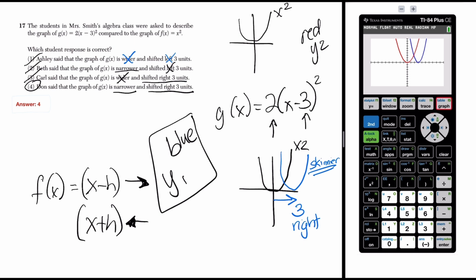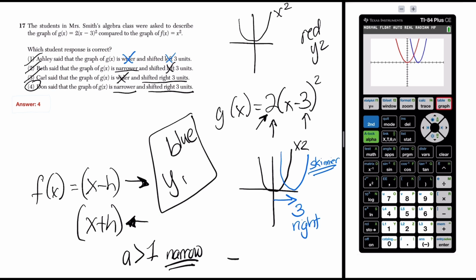And then the second one is the a. If there's a number in front, like this 2 over here, as long as it's positive, it's going to stretch it differently. It's going to vertically stretch it up, so it's going to make it skinnier. If a is a number that's greater than 1, it's going to get narrow.